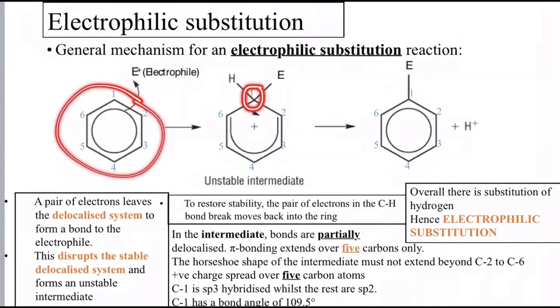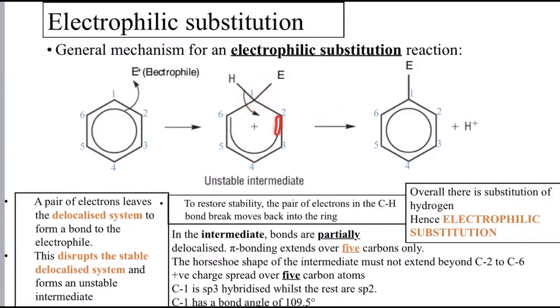Even though in your benzene ring you don't see the hydrogen, because it is a skeletal formula, there should be a hydrogen on each carbon. When the delocalized electrons have been donated to the electrophile that sits on the first carbon, the delocalized system is broken.